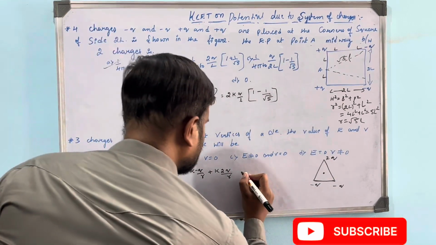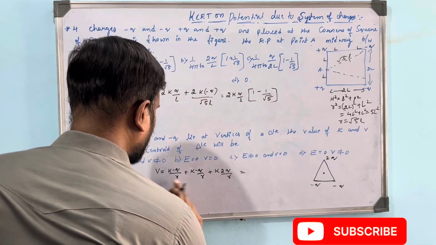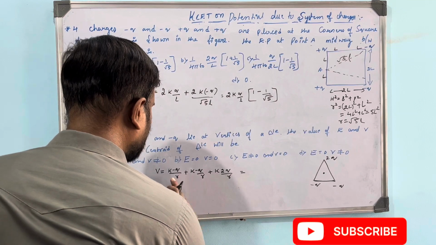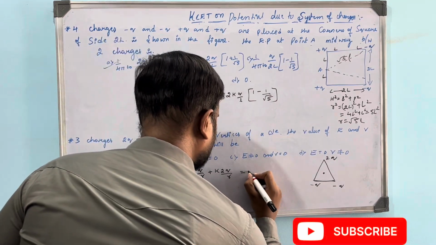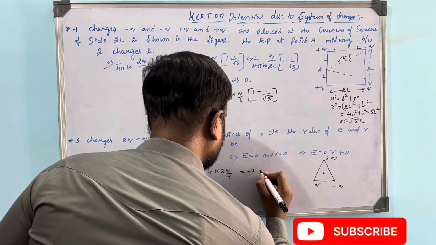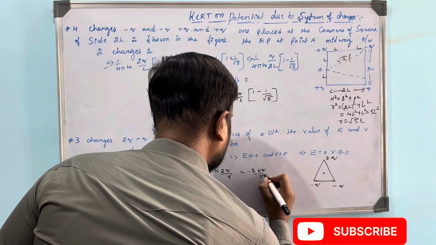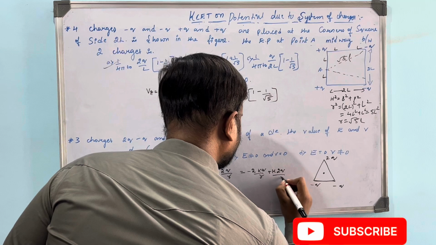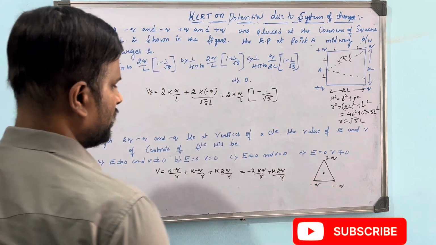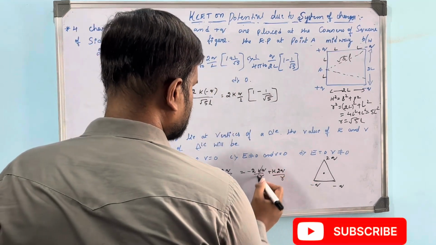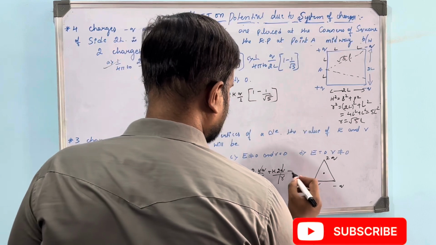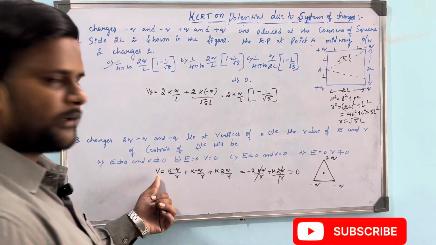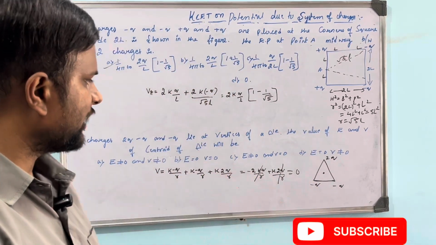Two terms are the same value, so that is minus 2 times Kq divided by r plus K times 2q divided by r. Plus and minus get cancelled and V becomes 0. So the potential value we are getting is 0.